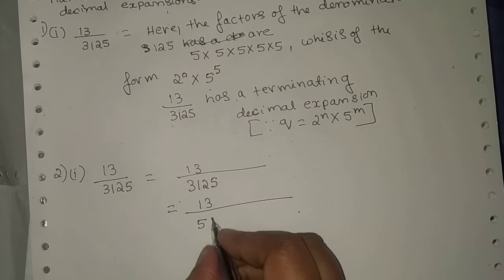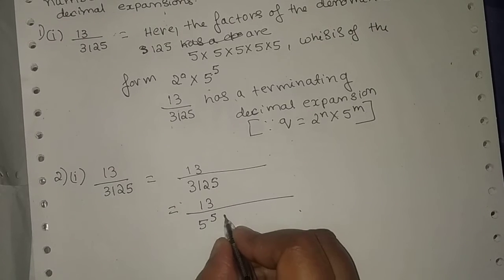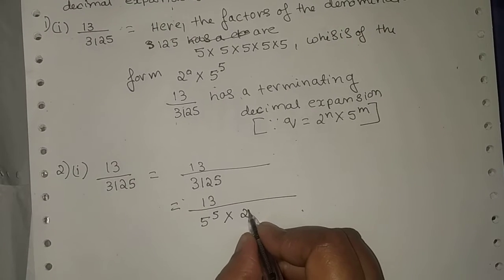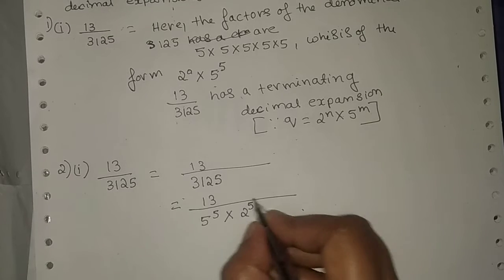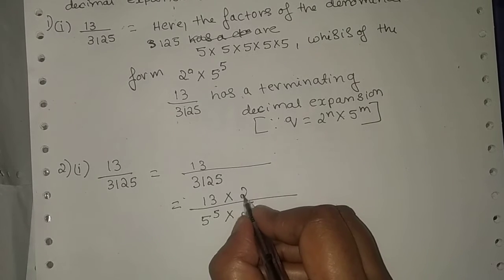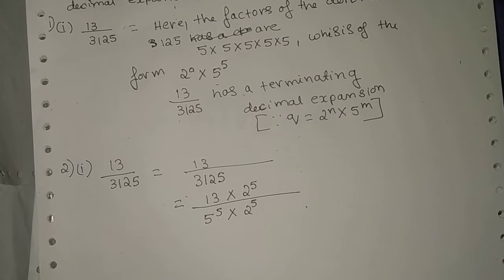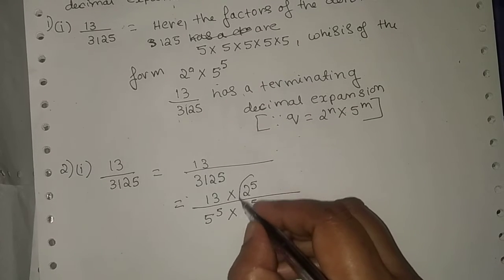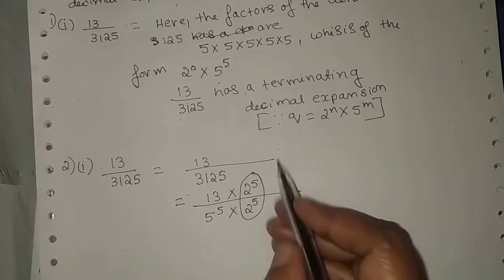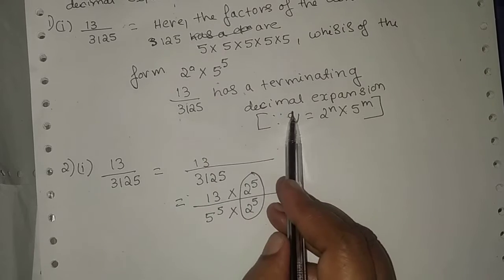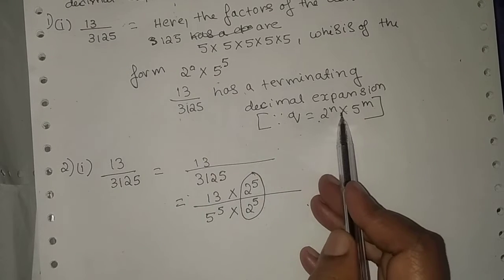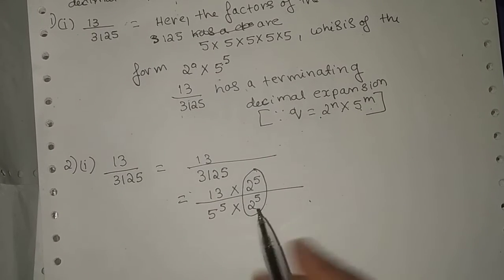So we make the denominator 5 to the power of 5 into 2 to the power of 5, and multiply the numerator also by 2 to the power of 5, and bring it to the form q equal to 2 power n into 5 power m.